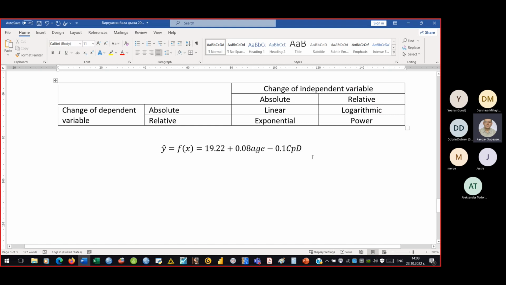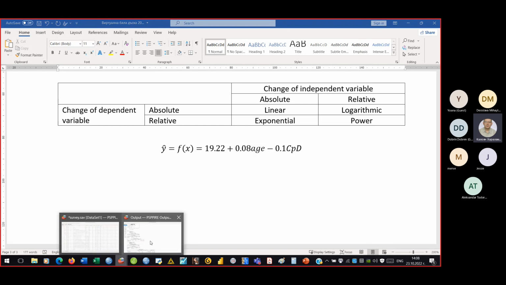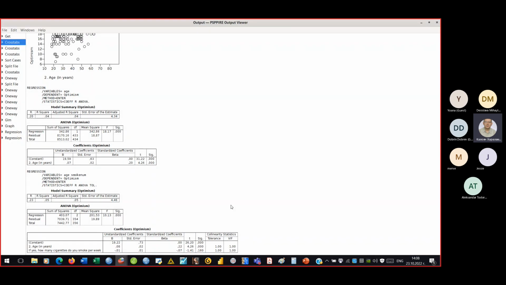This is the first. Second, when we have more than one independent variable in the model, we can order them according to their importance. So here we can have the so-called importance to model or predictor importance. And for this importance to model, we use so-called standardized coefficients or beta coefficients.